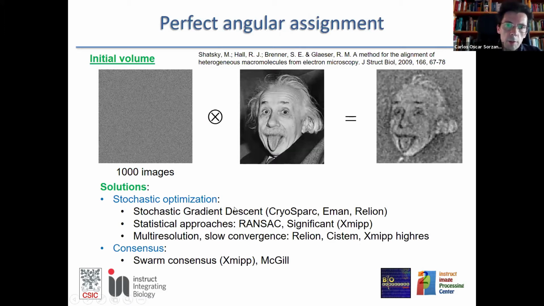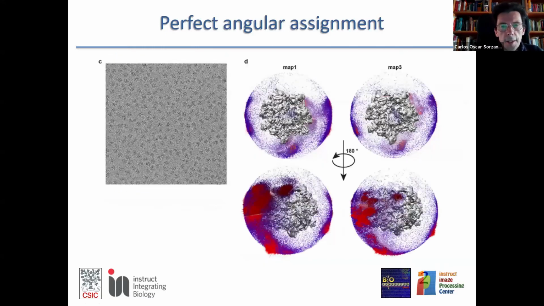And again, you need several algorithms to try to get away from local minima and, if possible, a way to combine the outputs of all these algorithms automatically, so that you don't bias the selection of the initial volume by a user decision.